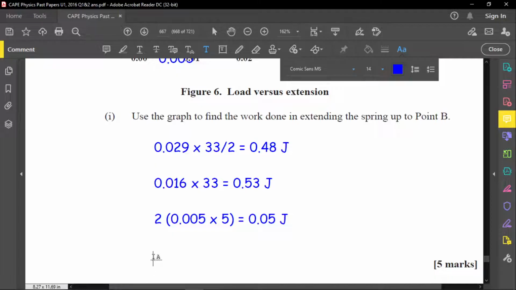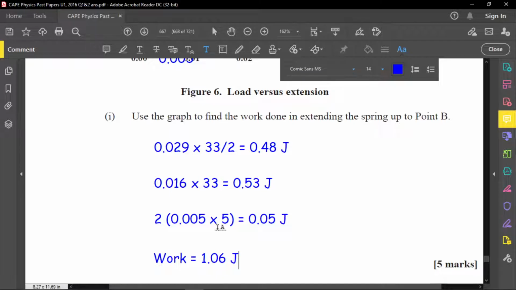So that added to 0.53, added to 0.48, will give us approximately 1.06. So the work is equal to 1.06 joules, or it could be in Newton meters. Okay, so that's the work done right there.